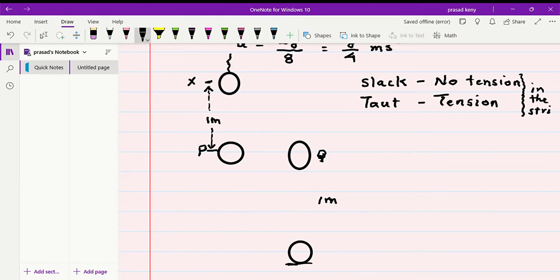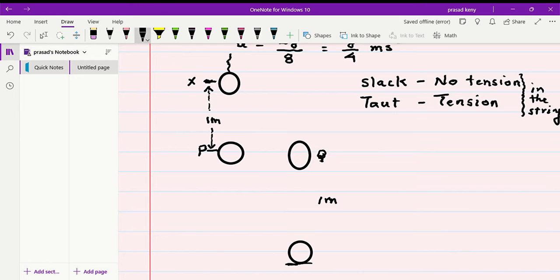So these two terms, just keep them in mind. When the string is slack, that means there is no tension in the string. String is taut means there is a tension in the string. So when the particle P comes 1 meter above the initial point to a point X, the string will become slack because particle Q has touched the ground.